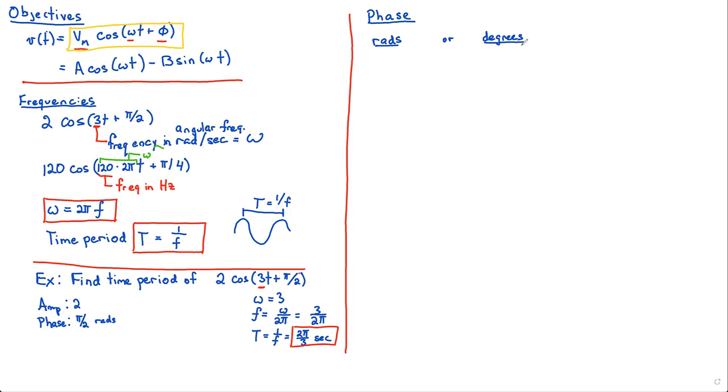I'm not going to talk too much about this because you already know from your freshman year that you can convert back and forth between radians and degrees by either multiplying by 180 over pi or multiplying by pi over 180. And I recommend that you not try to memorize this, but you just think it through.